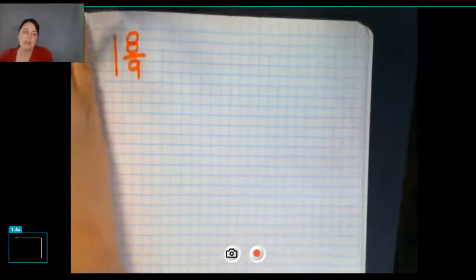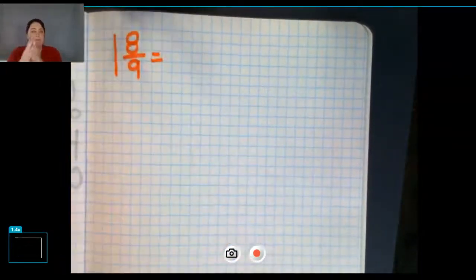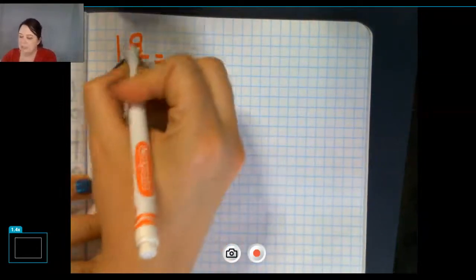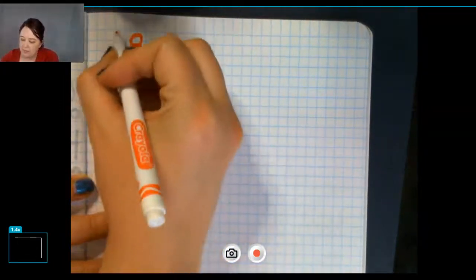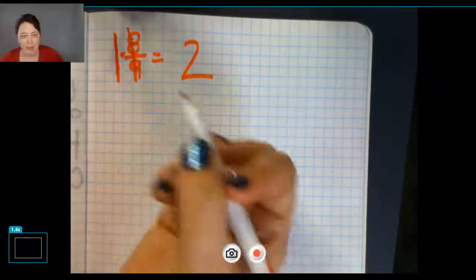Not bad, right? When I look at my number line, 0, 9, 9 divided by 2 is like 4.5. So where's 8? 8's closer to 9. So this becomes a 1, the whole, plus the whole. So this becomes 2. Okay, not bad.